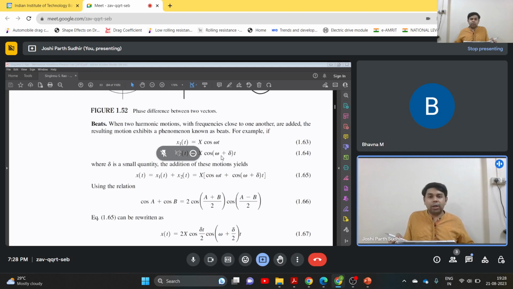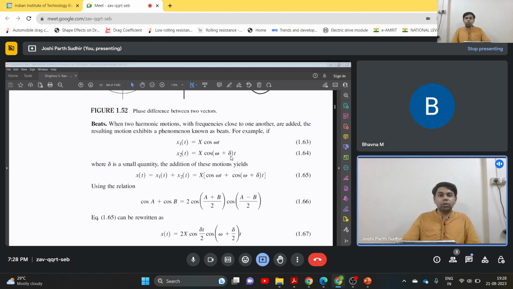So this omega plus delta is basically the frequency of the other sine wave. So we can write omega 2 as omega plus delta, and omega 1 we call omega only. So delta is basically the difference between the two frequencies, and the phase difference will be that difference, omega 2 minus omega 1, into time.